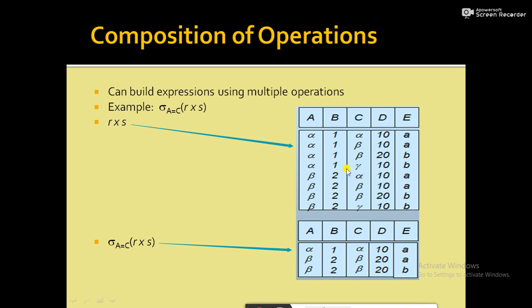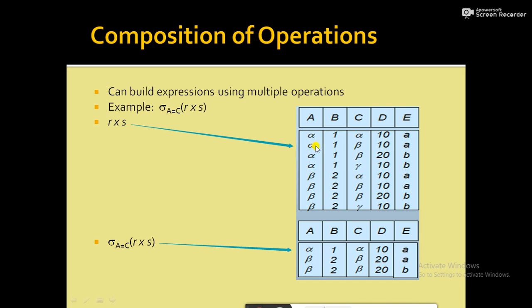It selects only those records whose value of A and value of C are equal. For the first tuple, the value of A is alpha and the value of C is alpha, so that record will be selected. So alpha 1, alpha 10A will be over here.